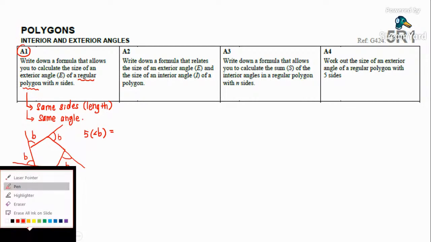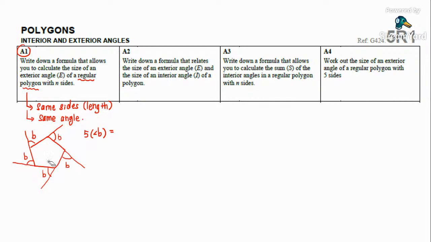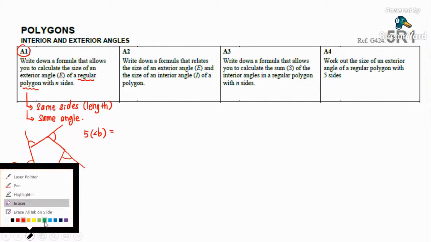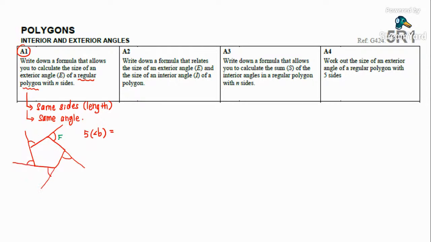It will be easier if I put E instead. Okay, sorry, let me change this. Exterior angles from now on, we are going to denote by E. So we write it as 5 exterior angles.